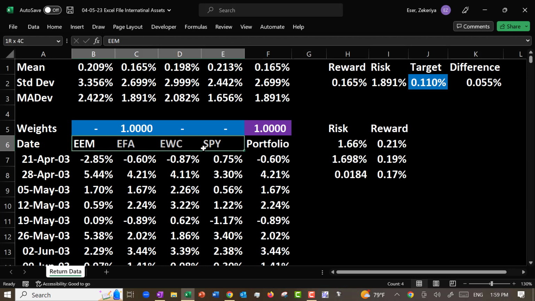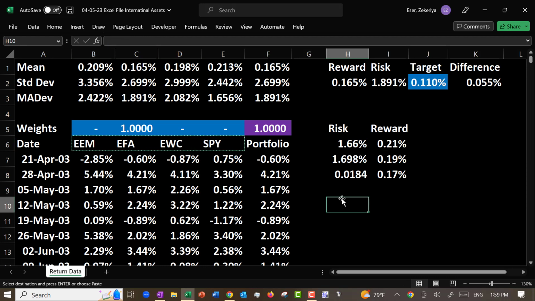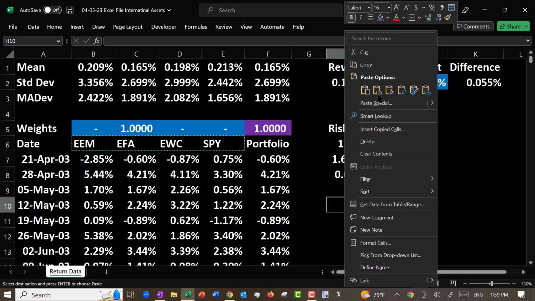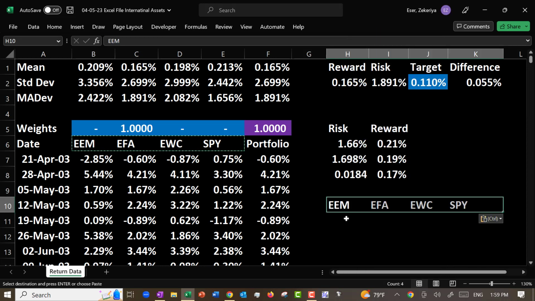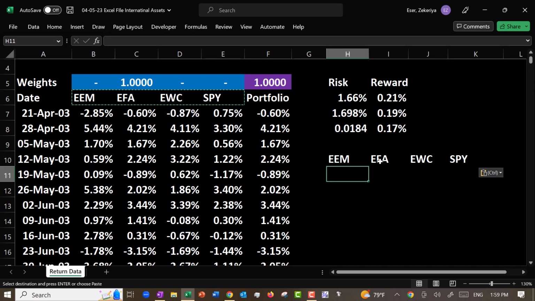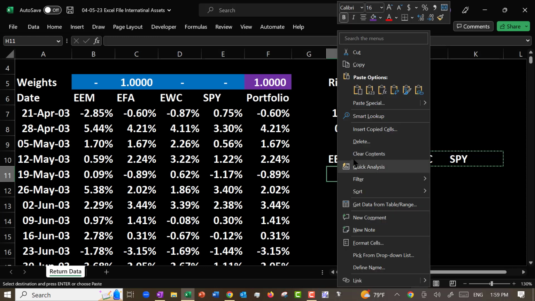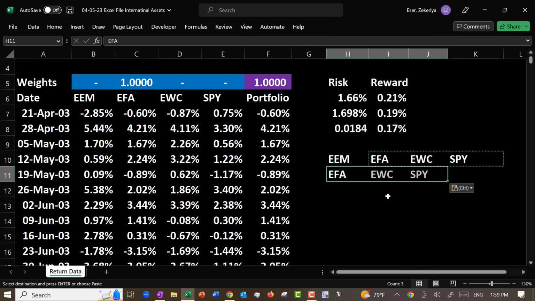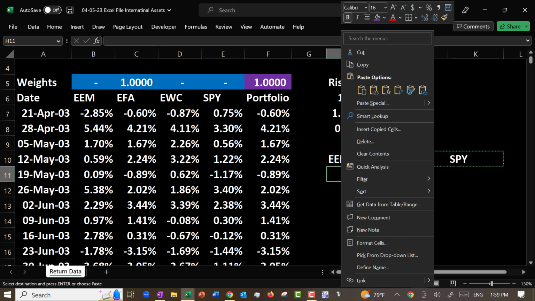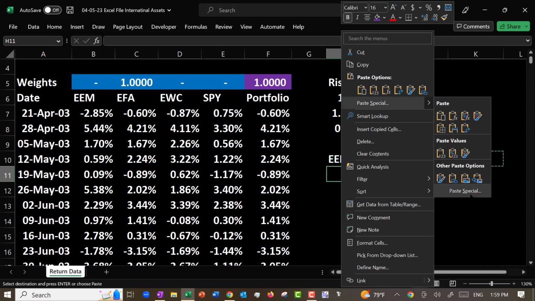Right here, I'm gonna do kind of a correlation matrix. Oops. Paste special. Come on. Transpose.